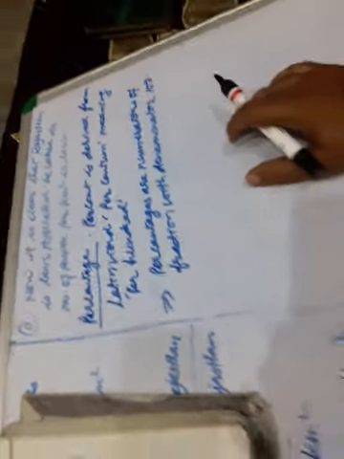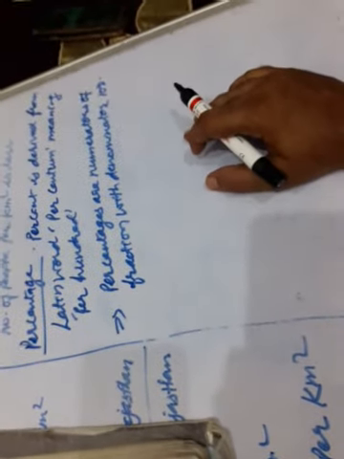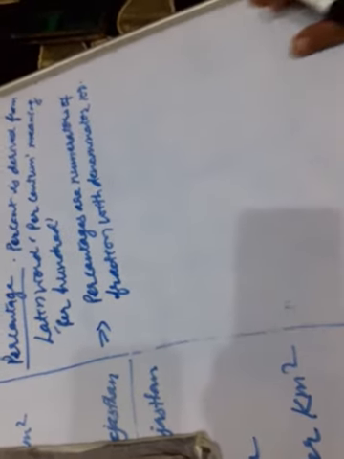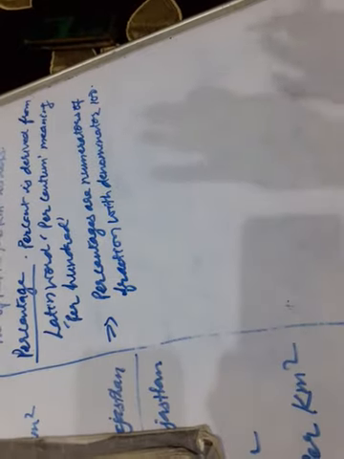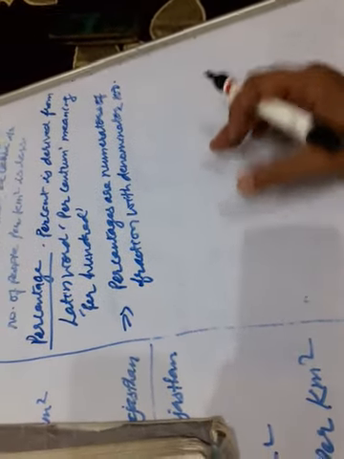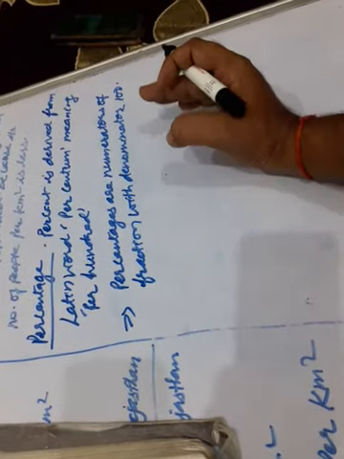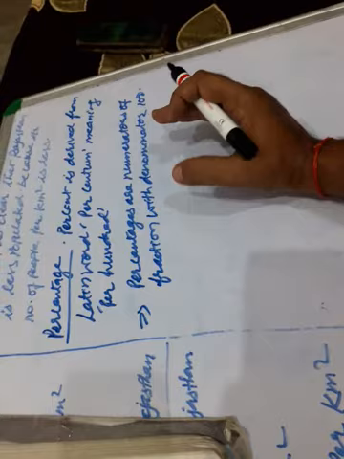So this is a very clear definition. Means if you form a fraction whose denominator is 100, then the numerator is known as its percent. Percentage are numerators of fractions with denominator 100 means percent is a fraction with 100 as its denominator.